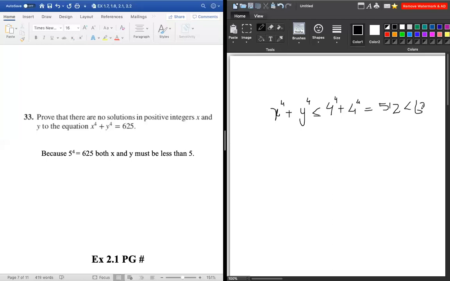So we prove that there is no solution in positive integers x and y to this equation.